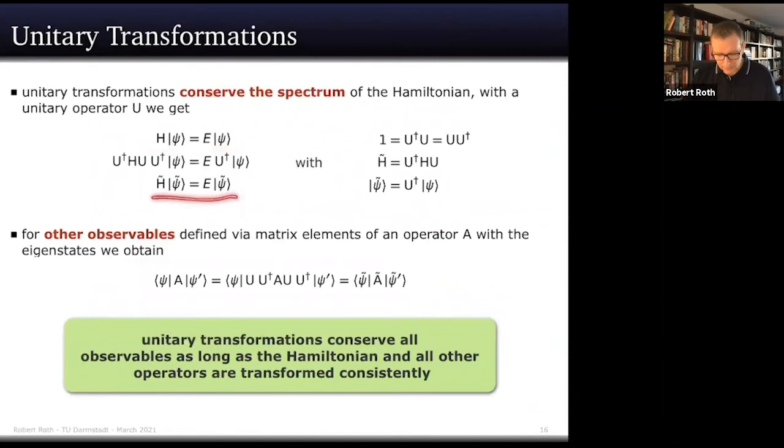I can do everything in this simplified, transformed world. And that's the power of unitary transformations. You have to be consistent. You have to transform all the operators in the same way. But as long as you do that, you have this unitary equivalence, as we call it, to the original problem that was too hard to solve. Okay? So is this clear? That's a kind of important point, because we use this kind of unitary trick for all the calculations that follow.